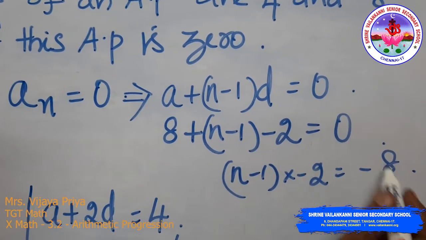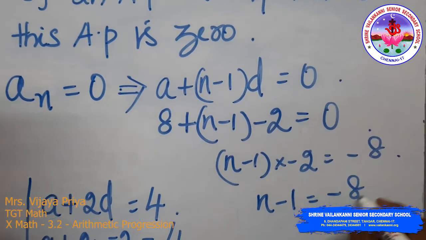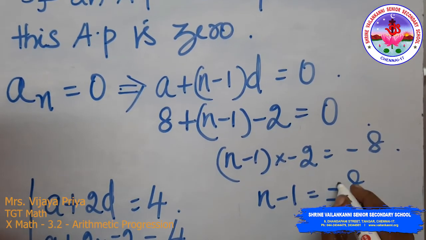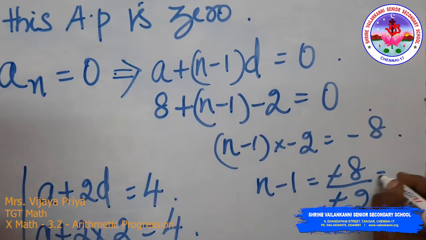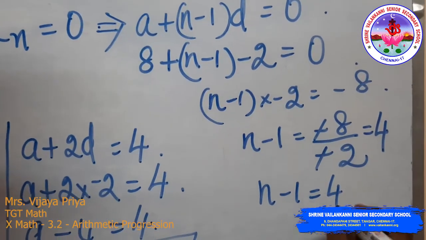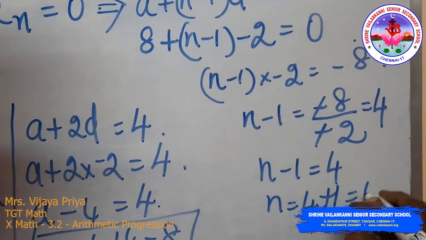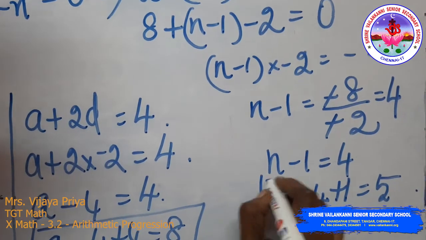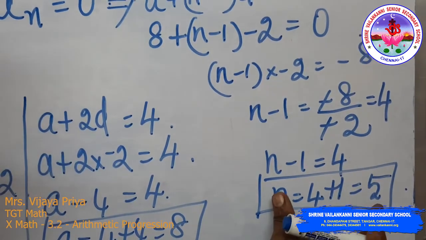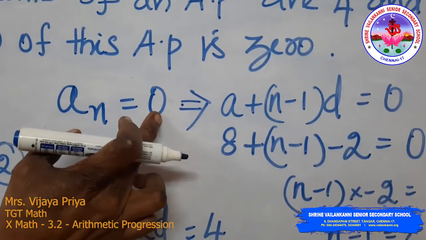Now taking minus 2 to the other side, I get n minus 1 is equal to minus 8 divided by minus 2. Cancelling on both sides, n minus 1 is equal to 4, where n is equal to 4 plus 1, which is equal to 5. So I got n as 5. So in the fifth position, I will get an as 0 in this AP.